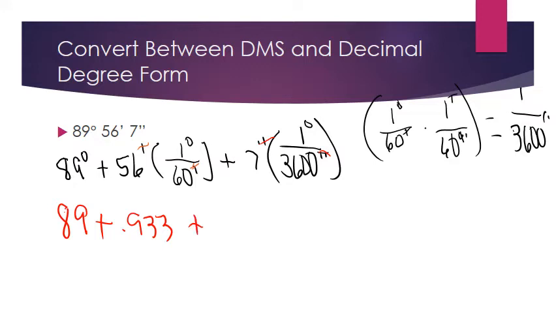I've got 7 seconds divided by 3,600. 7 divided by 3,600, if I round this into hundredths, that would be 0.002, because it's actually 0.00194444 repeating. And then I just simply add this together. And all this now is in degrees, so I've got 89.935 degrees.